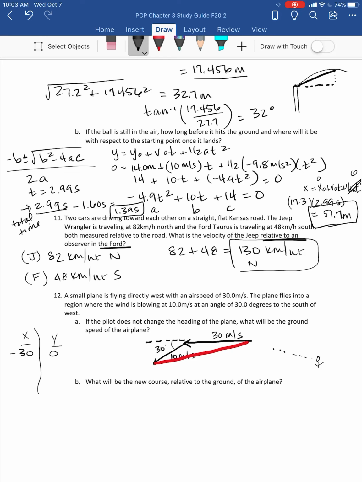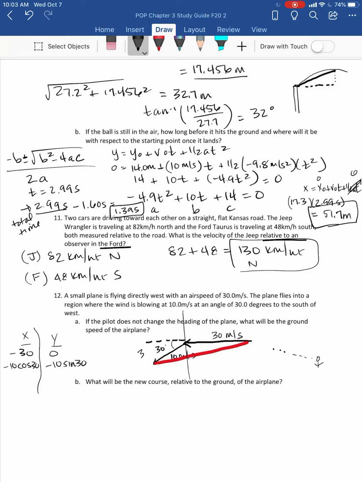And then it says that it flies into a region where the wind is blowing at 10 meters per second at 30 degrees. So we've got negative 10 cosine 30, and negative 10 sine 30, because if it's over here like this, then this is the third quadrant, so they are both negative.